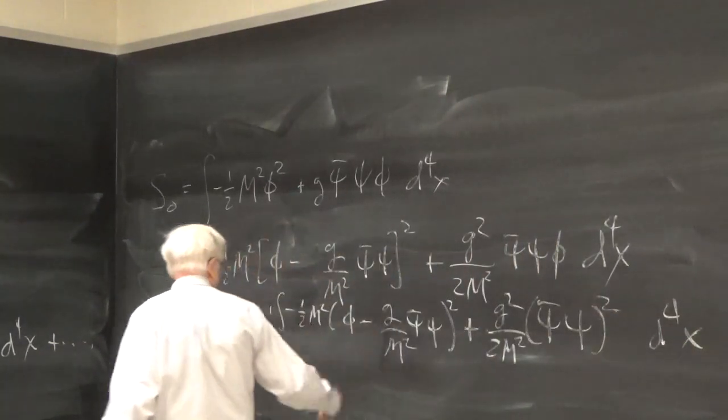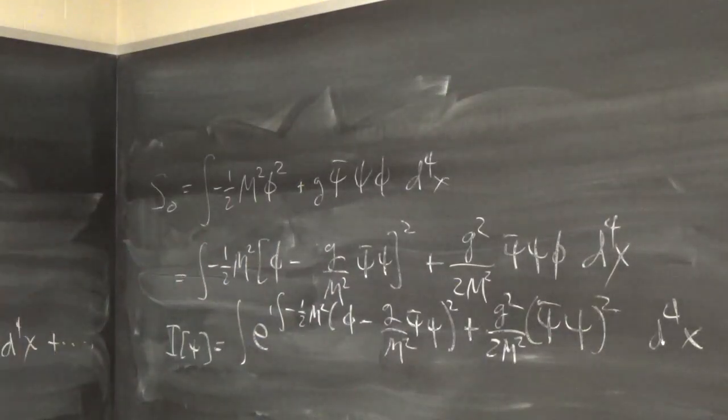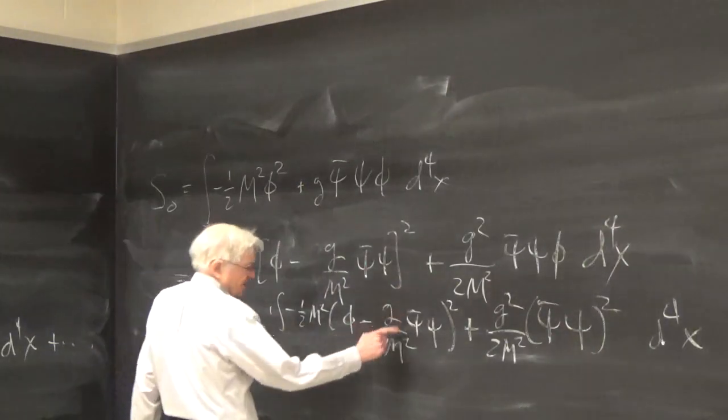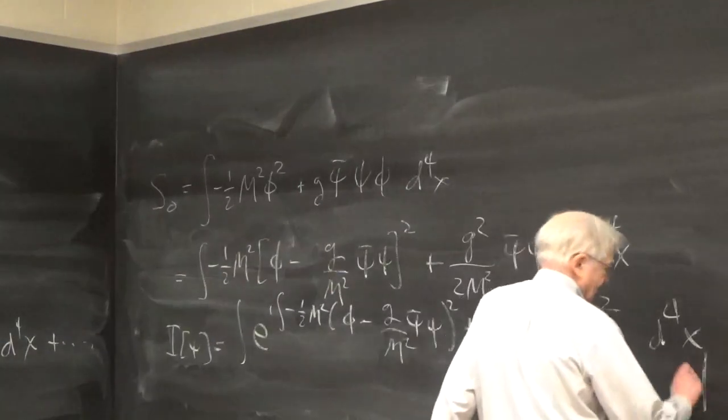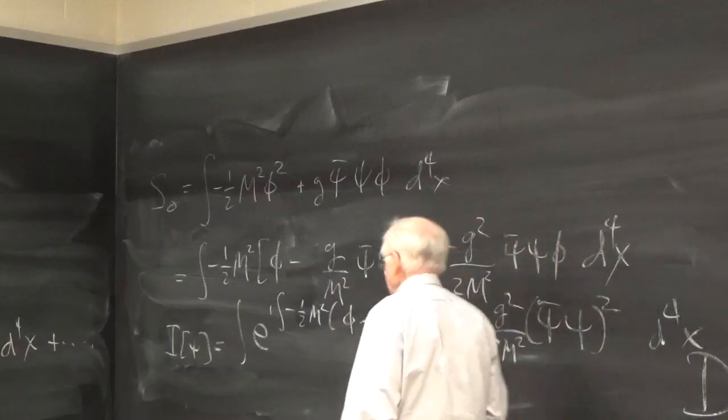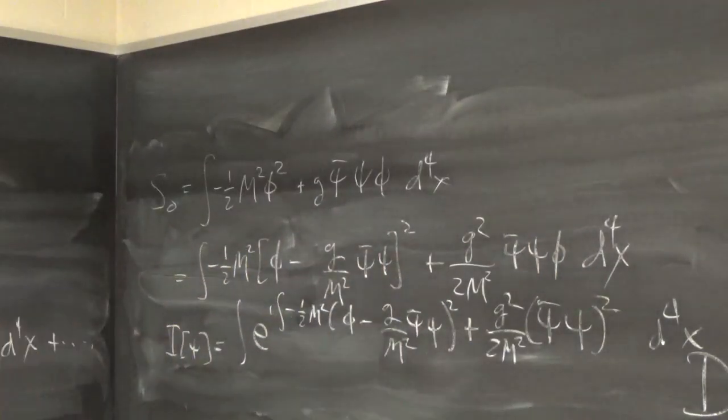And now if we shift the field φ to φ plus g over M squared, oh, I forgot the most important thing, dφ. So we're integrating over the heavy fields.